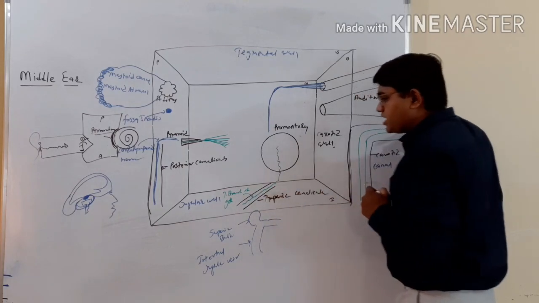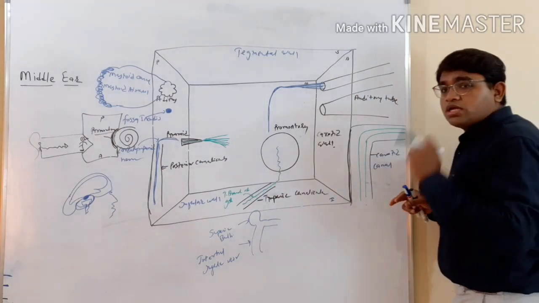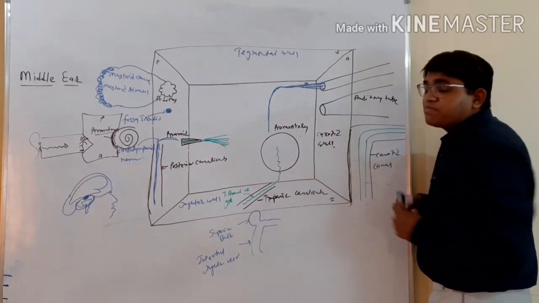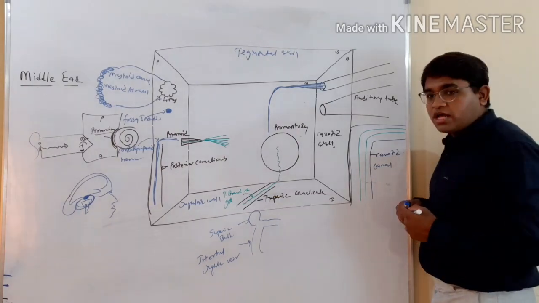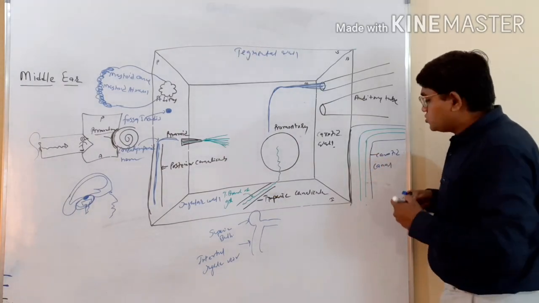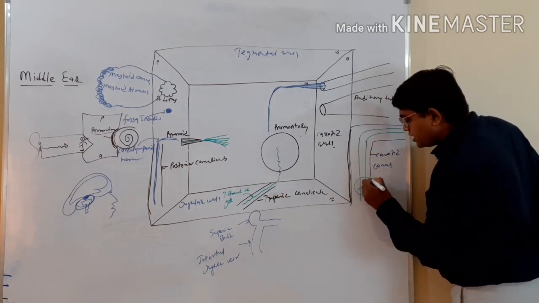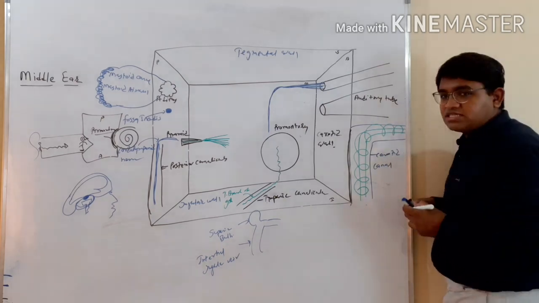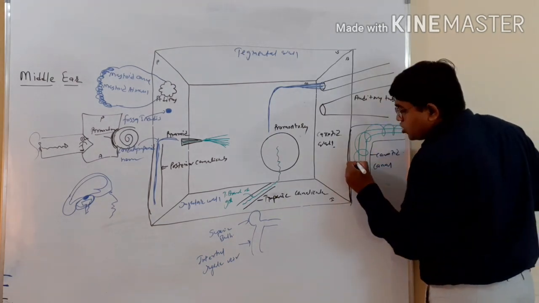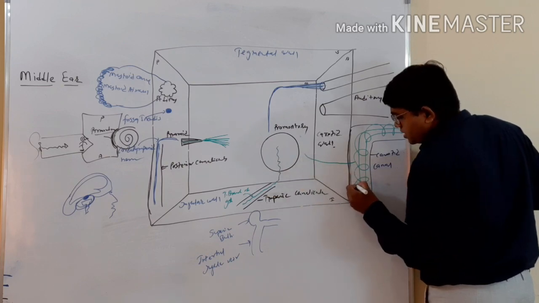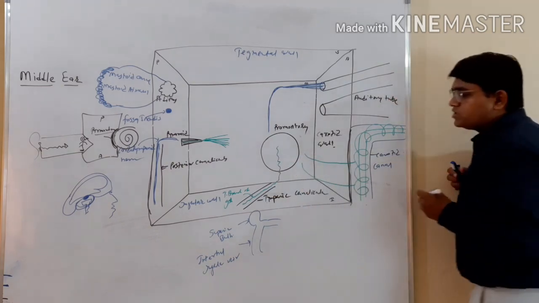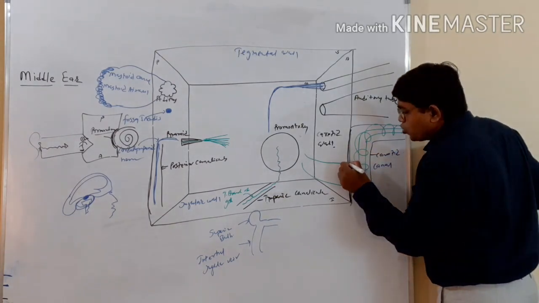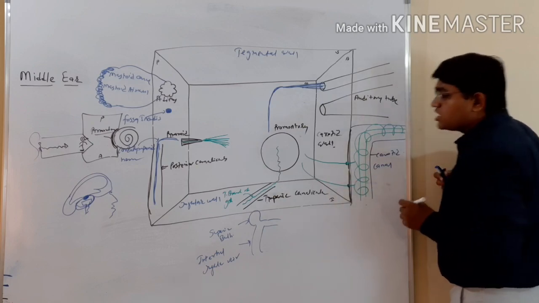There are two other nerves also present, and these nerves are branches of the sympathetic plexus around the internal carotid artery. From this sympathetic plexus two branches reach this middle ear cavity through the anterior wall, where there are two openings for these nerves.